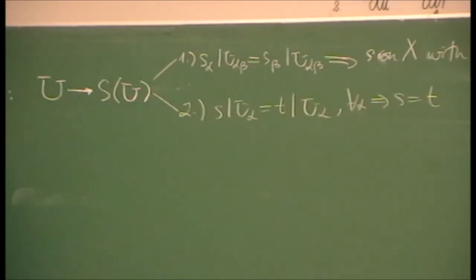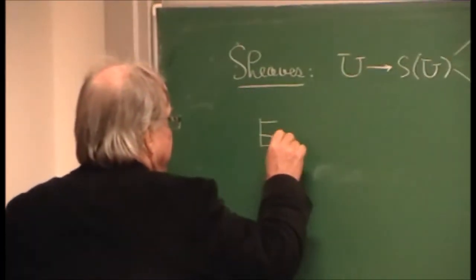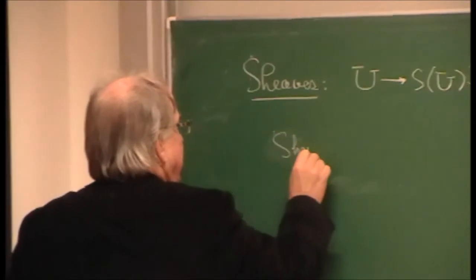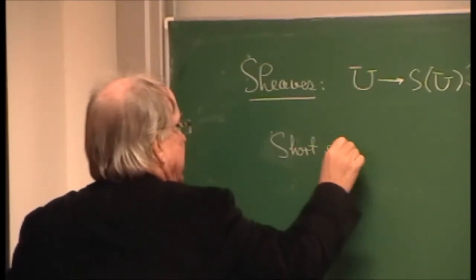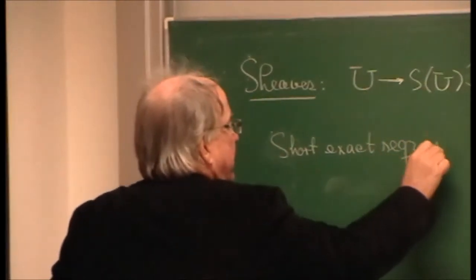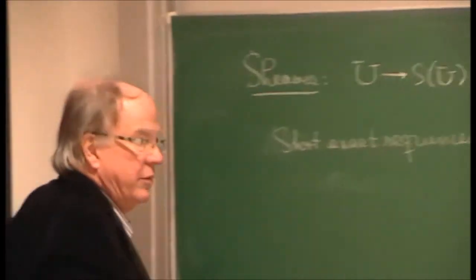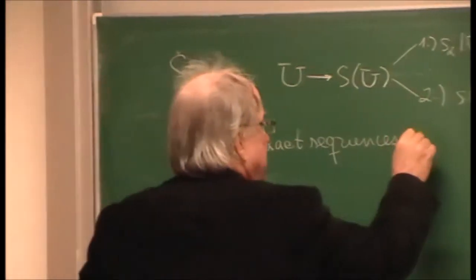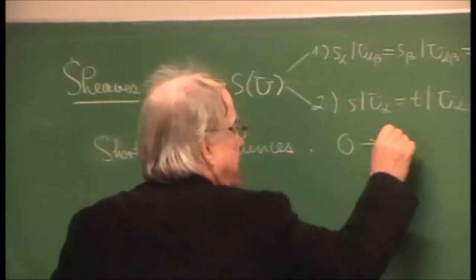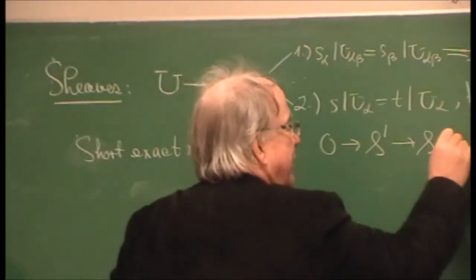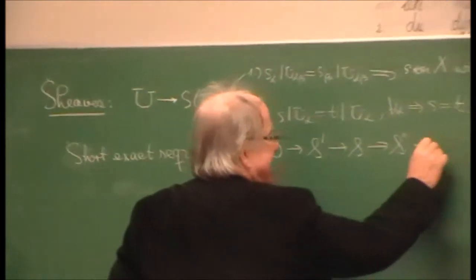And we have exact sequences of sheaves, so short exact sequences, like here. You will use them constantly in this business. As a general short exact sequence, I quite often map it like this, three sheaves.